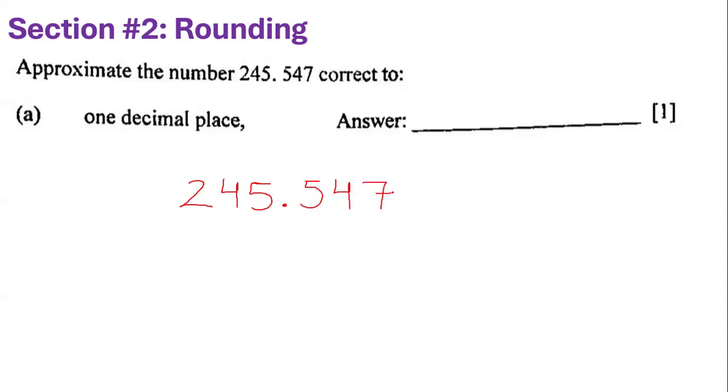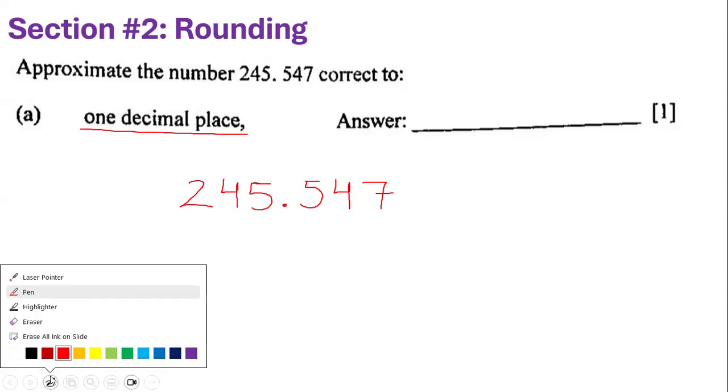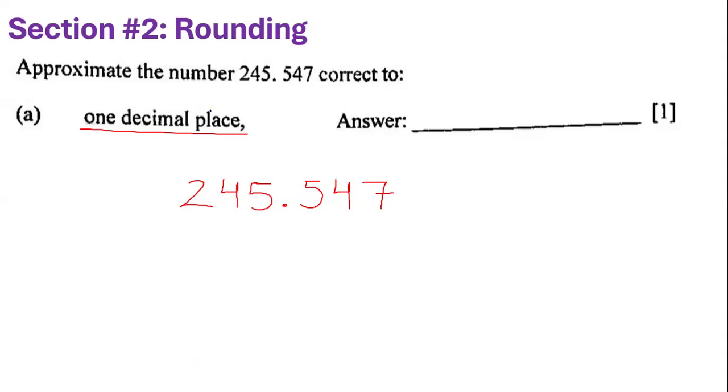All right, so when it says correct to the nearest 1 decimal place, what number are they referring to? The 5, first after the decimal point. Circle the 5 and underline the 4.